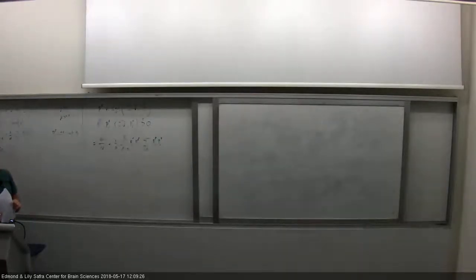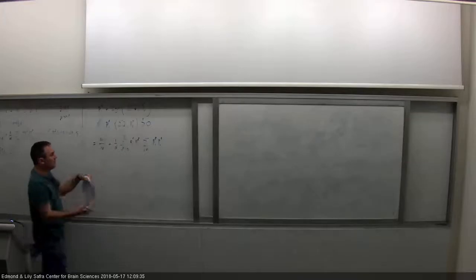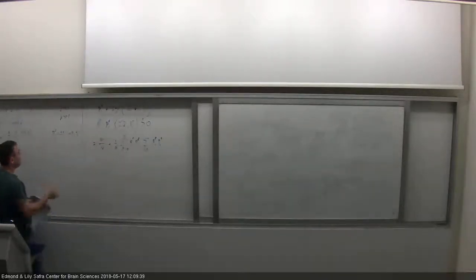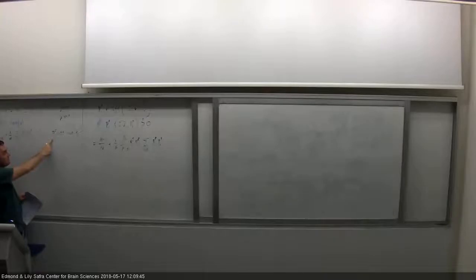So I left it as a question, and after class, one of the students came to me and asked me, well, how can we say anything about this sum, given the fact that we don't know the values of Pi mu at the different patterns?